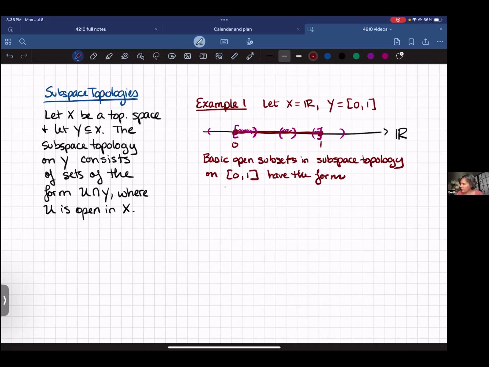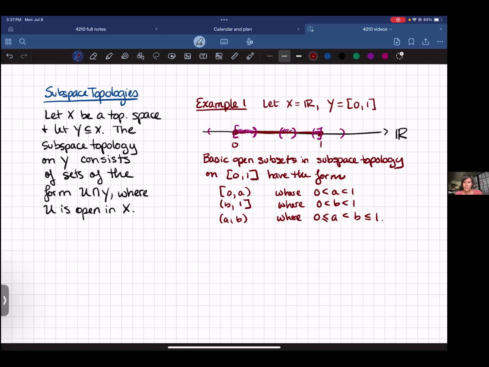One type is they can look like [0, A), where A is some number between 0 and 1. Or they could look like (B, 1], including 1, where B is some number between 0 and 1. Or they could look like (A, B), where A and B are both between 0 and 1.